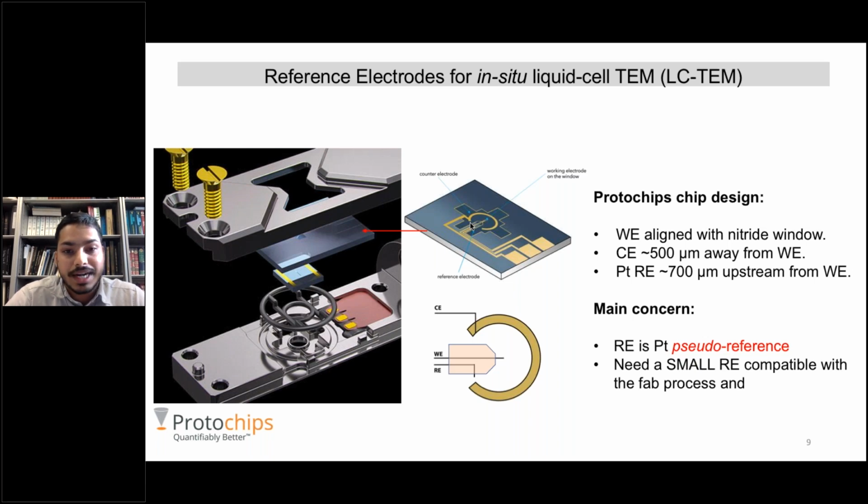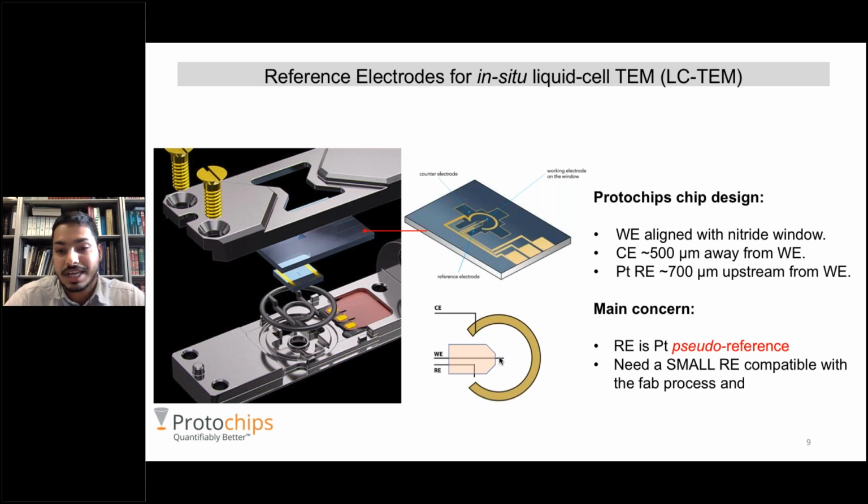The most important part is the E-chip, which has 3 electrodes all made of platinum. The working electrode is the place where you weld your FIB sample, and the other 2 electrodes serve as the reference electrode and counter electrode.